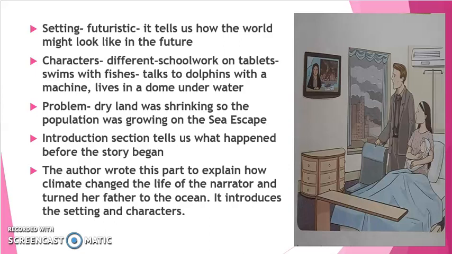The story takes place in the future. And this story tells us how the world might look in the future if we do not change, due to climate change.